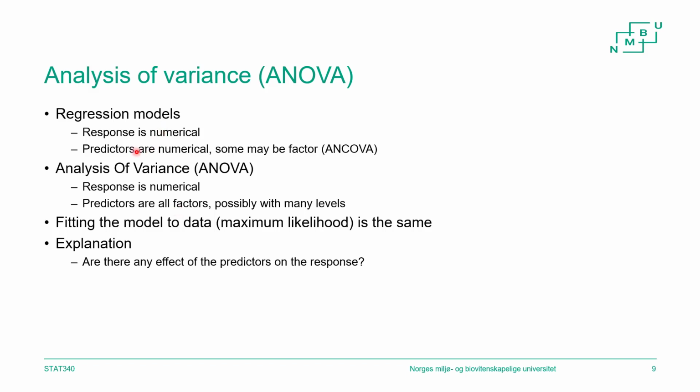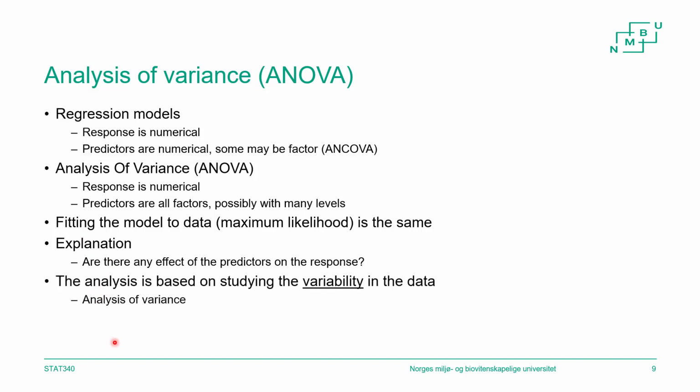With numerical predictors, you can go a little bit outside, or at least in between the observed values of the predictors. This is not possible with factors. If you have a factor with 3 levels, you cannot predict the 4th level. You have no information about it. So explanation is what we focus on. And all the analysis is based on studying the variability in the data, and that's also the reason for calling it analysis of variance. We will see that shortly.